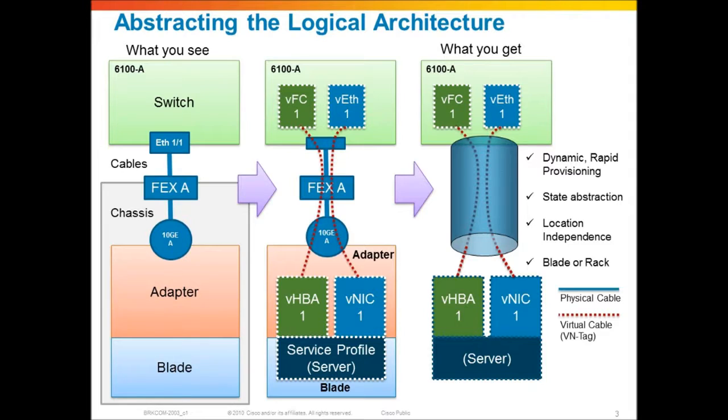So now what we can do is take that virtualization capability and tie that into a logical architecture, which really overlays or transposes itself on top of the physical architecture.